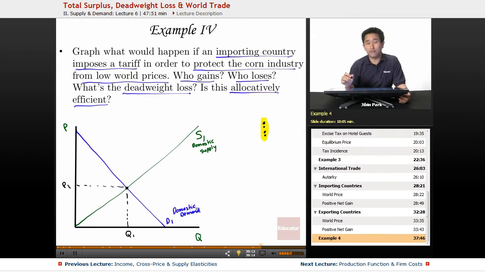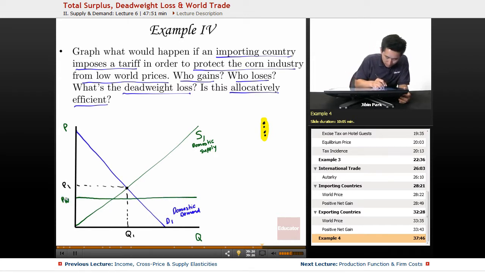Now remember, if it's an importing country, the world price is going to be below the equilibrium price. So let's draw the world price below. So we'll call this PW here. So graph what would happen if the importing country imposes a tariff in order to protect the corn industry from low world prices.